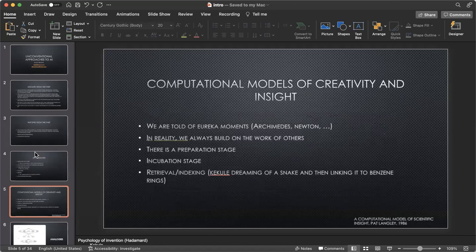So looking at computational models of creativity, naturally, we are told of eureka moments, Archimedes in his bathtub, Newton sitting in front of an apple tree in Cambridge and waiting for that apple to fall, and then that sparked that insight. Well, as this paper talks about, in reality, we are always building on the work of others. There is a preparation stage, then there is a very lengthy incubation stage when the idea is just at the back of your mind, and then all of a sudden there is an event and there's a sudden retrieval from memory, and then naturally we just remember that spark of insight.